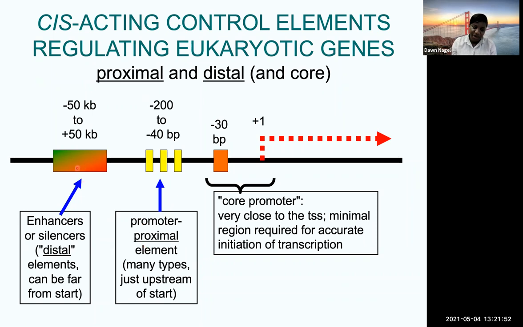And then you can also have what we refer to as a distal promoter or distal elements or enhancer or silencer regions. These regions can be very, very far away from the gene that they're regulating. So imagine if it's 50,000 base pairs away from this transcription start site, it needs to get here somehow, right?